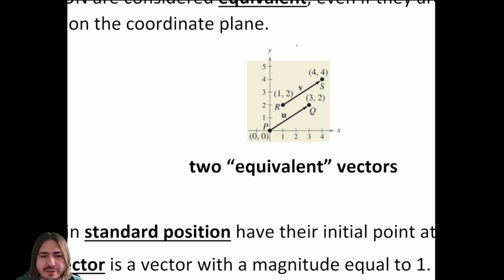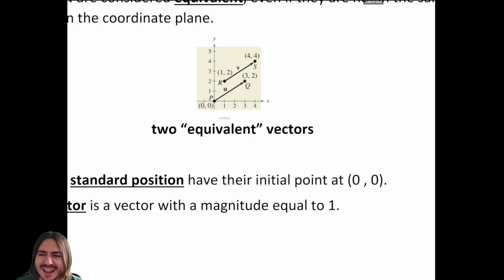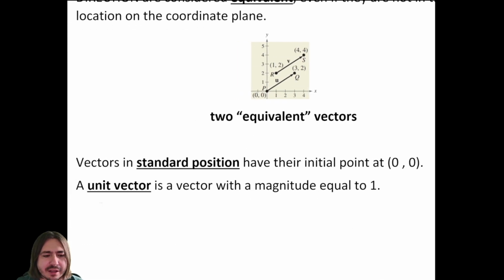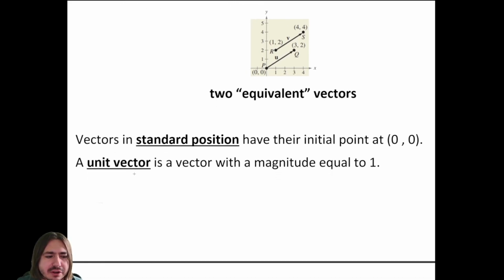They don't have to be in the same spot. To standardize how we sketch out vectors, we put them in what is known as standard position, kind of like how we had a standard position for angle measures. Vectors in standard position have their initial point at 0, 0, and that's pretty much it.